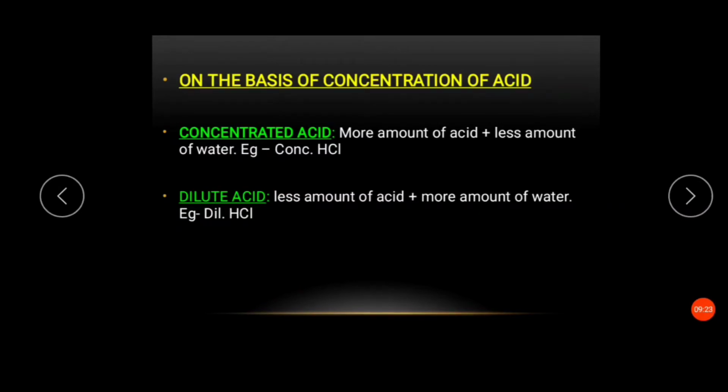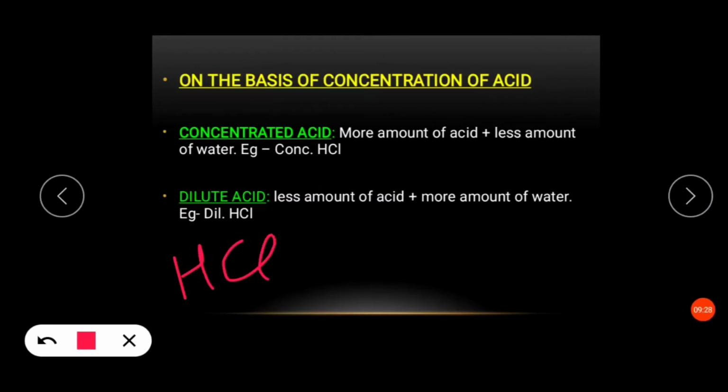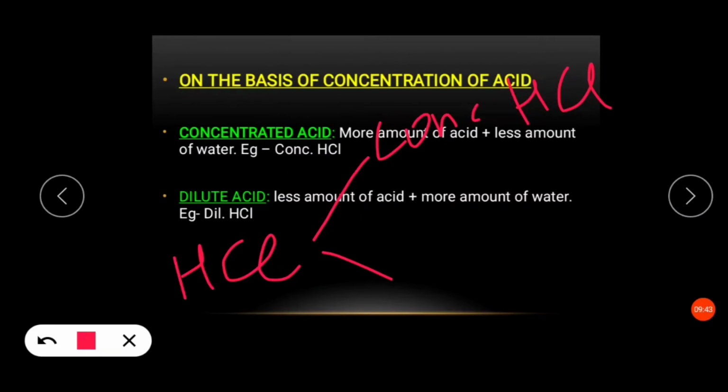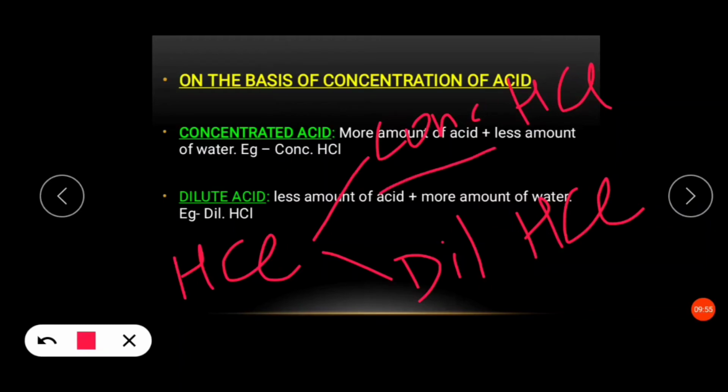See, if we have HCl, the same HCl, if there is a solution in which more amount of acid is there, it's written as concentrated HCl. Okay, if there is another solution which contains less amount of HCl, more amount of water, then it will be written as dilute HCl. Okay, so instead of writing the whole word concentrated, the short form is CONC, and dilute is written as DIL. Okay.